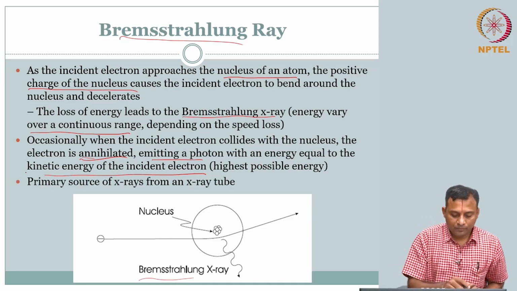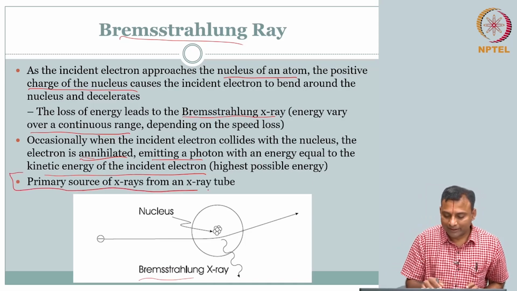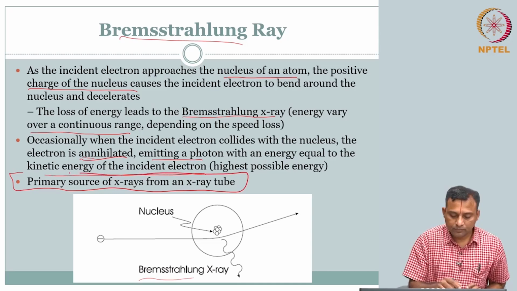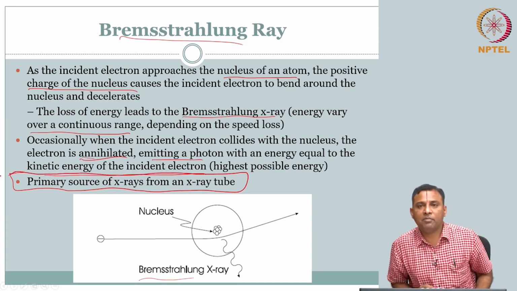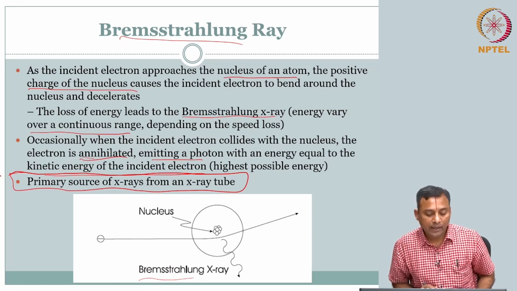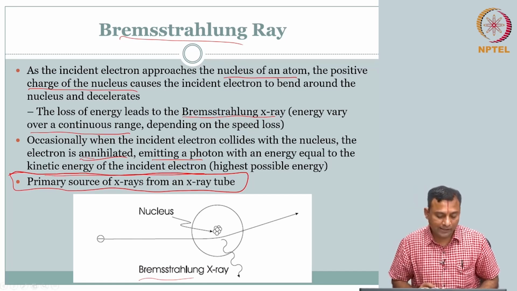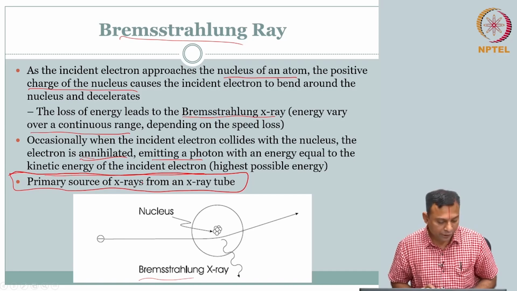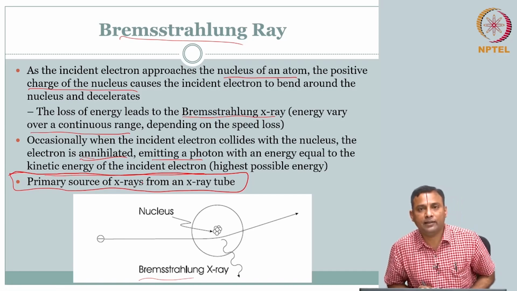So, the most important message is Bremsstrahlung radiation: this interaction is the major source of X-ray generation in your X-ray tube, clear.